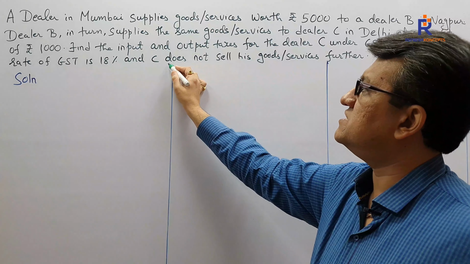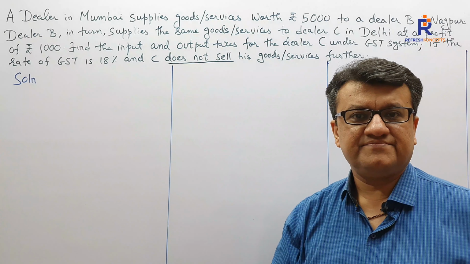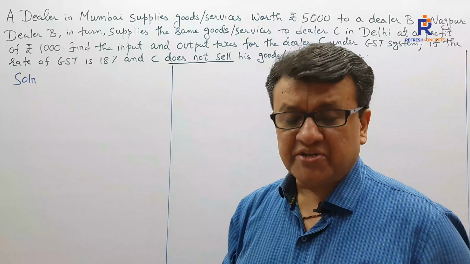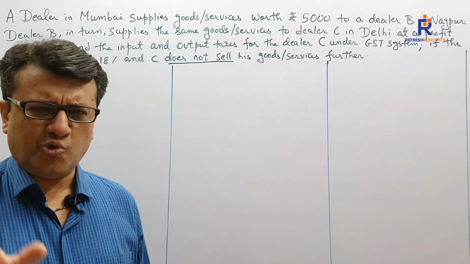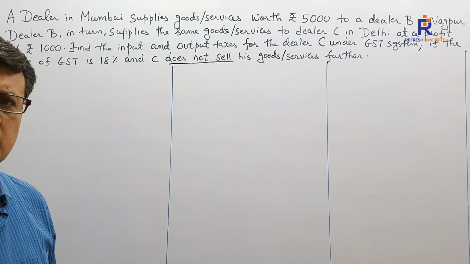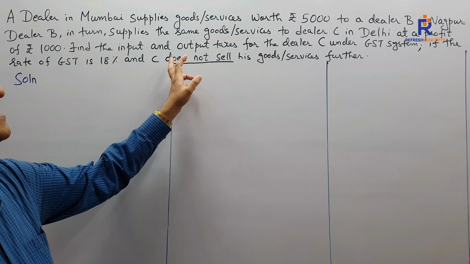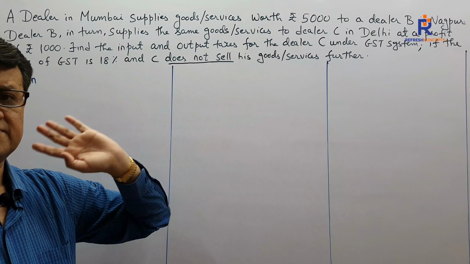Very important, does not sell his goods and services. Now whether C is a consumer, we are least interested in that. So don't take all those things into your head. The question says dealer C does not sell his goods and services further.